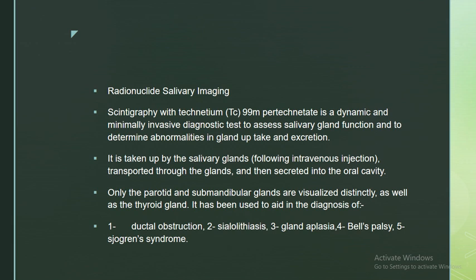It is taken up by the salivary glands following intravenous injection, transported through the glands, and then secreted into the oral cavity. Only the parotid and the submandibular glands are visualized distinctly, as well as the thyroid gland. It has been used to aid in the diagnosis of ductal obstruction, sialolithiasis, gland aplasia, Bell's palsy, and Sjogren's syndrome.